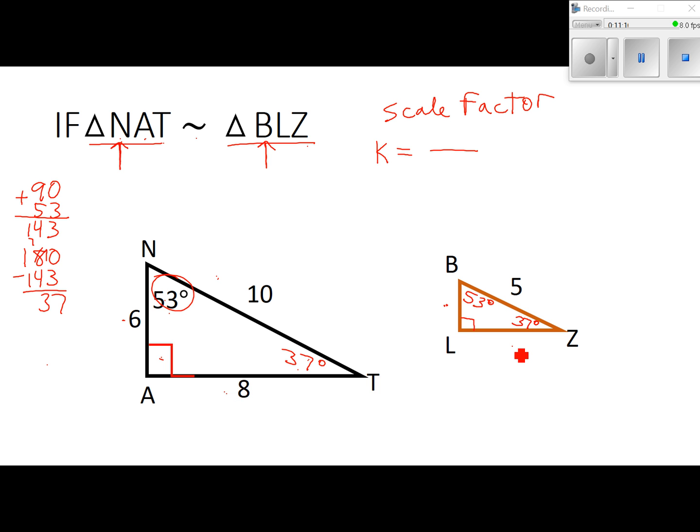The 8 would match up to this side, that doesn't help us. The 10 would match up to the 5. So those are the two I'm going to use. So 10, because NT right here, the length of that segment, if I look up here in the names, N and T should match up to B to Z, that segment, BZ, which is right there. So our scale factor would be 2 if we reduce it down to 1.